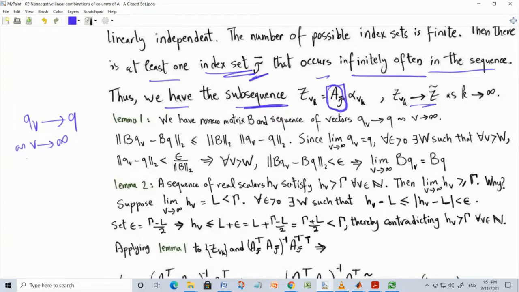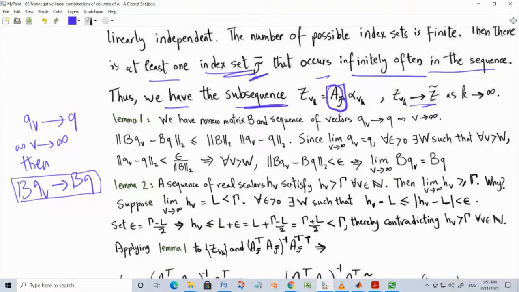Now, if you multiply, then, okay, so if this is true, then you can show, and it's not difficult, it's just 2 lines, you can show that, for some matrix B converges to BQ. Okay, so if you have a sequence of vectors converging to a limit vector, then multiplying both sides by B, you get this statement will be true, and the proof is straightforward.